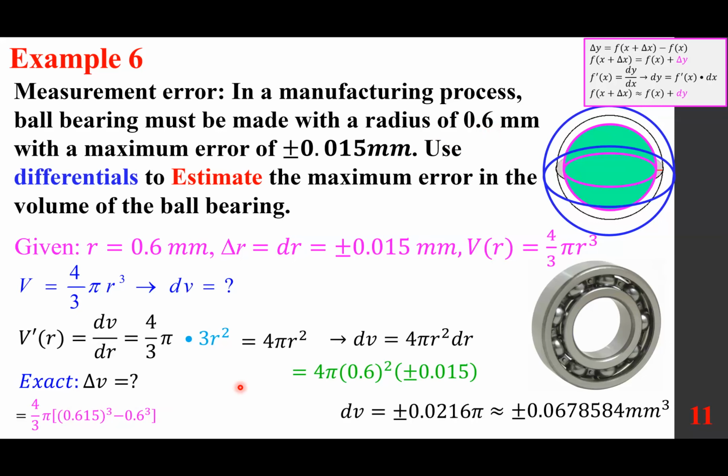Or for the smaller one, the green one, the one inside, then 4/3 pi 0.6 cubed minus 0.6 minus 0.015 becomes 0.585 cubed. If you calculate these two, it gives you the two limits, the smaller value versus the larger value. The difference is this is exact, everybody. This is an exact value, if anybody is interested.